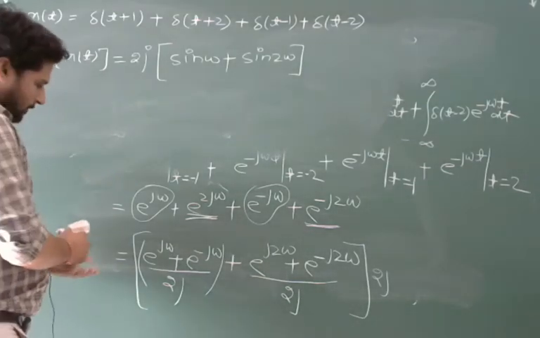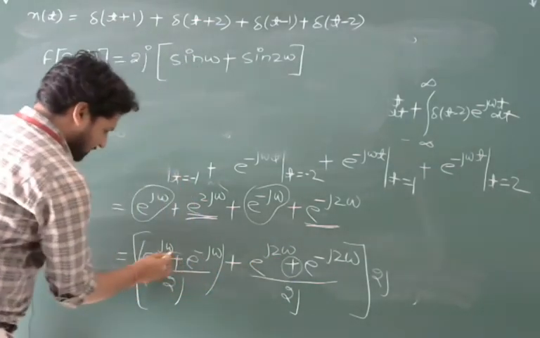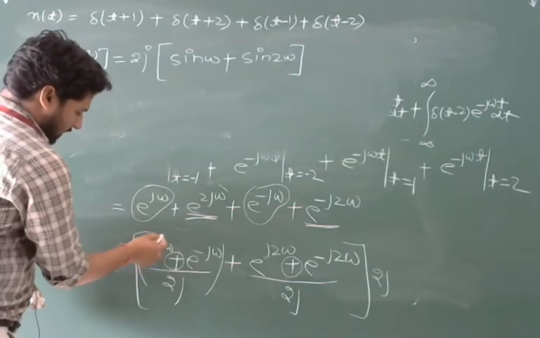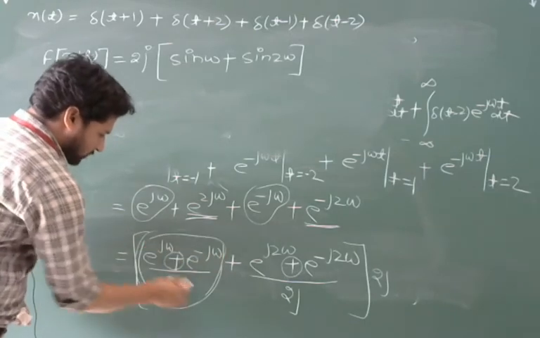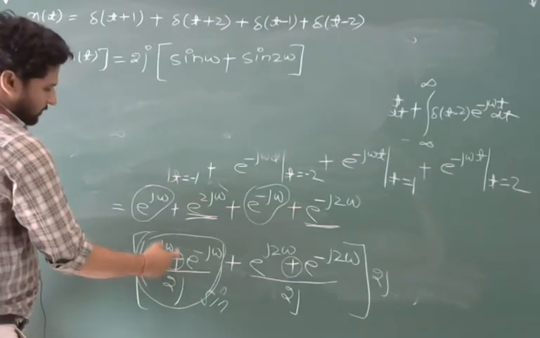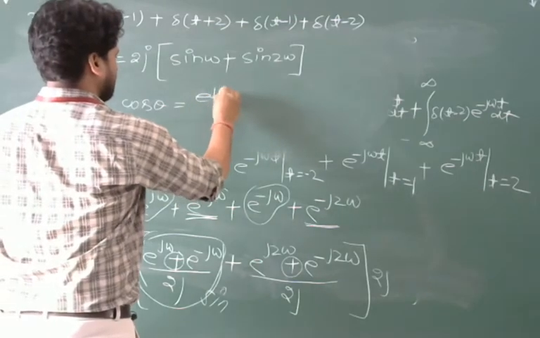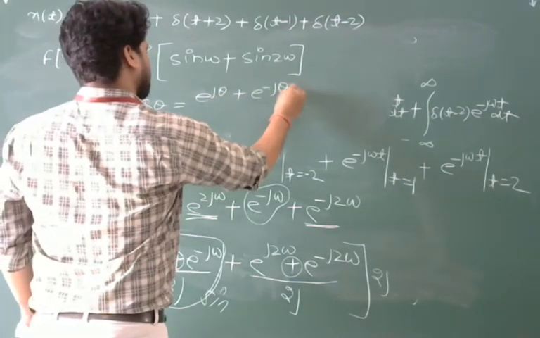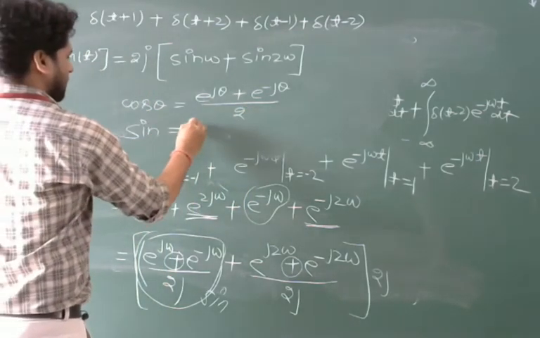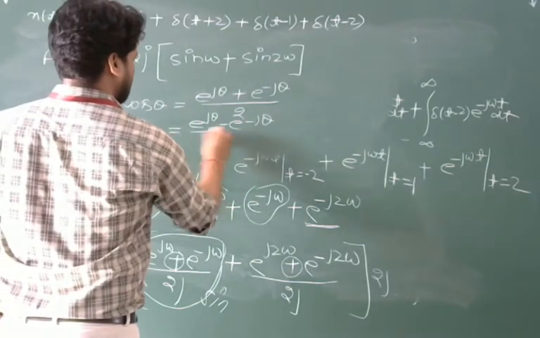Because if it is minus here, then I can convert this exponential term into sine, and if it is plus here, then it will be converted into cosine, because cos θ can be written as (e^(jθ) + e^(−jθ)) divided by 2, and sin θ can be written as (e^(jθ) − e^(−jθ)) divided by 2j.